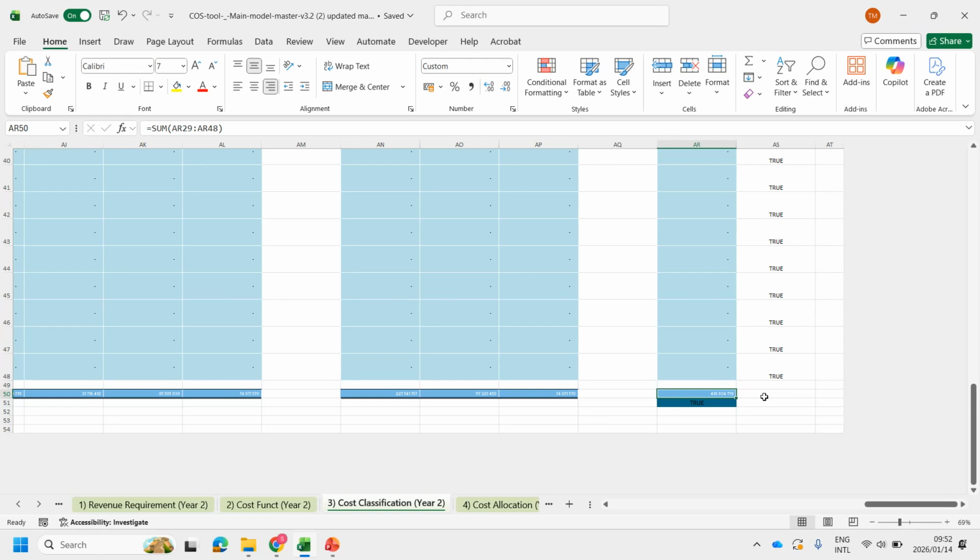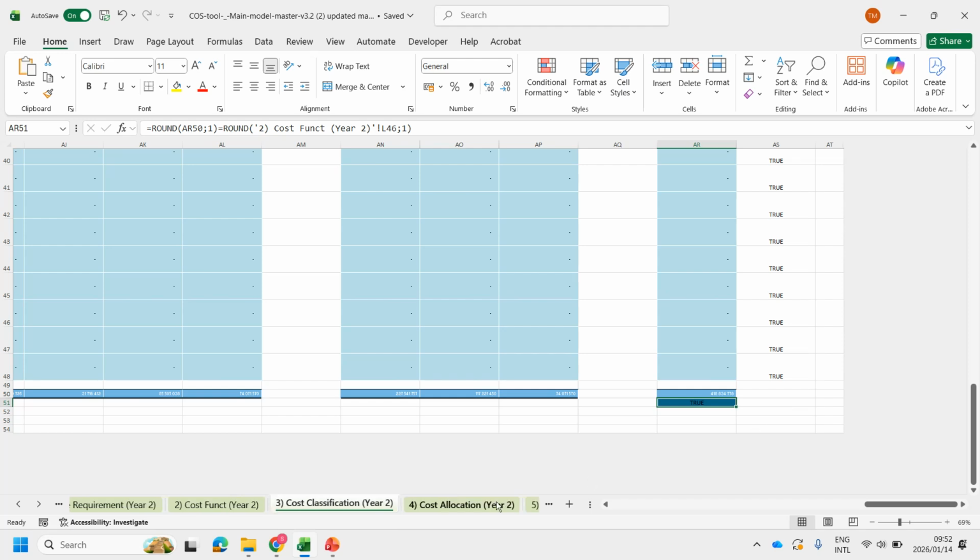And to show this alignment, you'll see that there is a true here. If it's not true, you will follow the same remedy that we recommended in the previous sheet by going back to your financial input sheet and seeing that you've allocated the functions properly as well as the expenses.